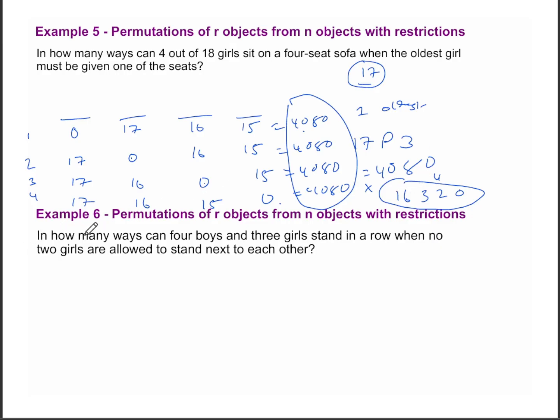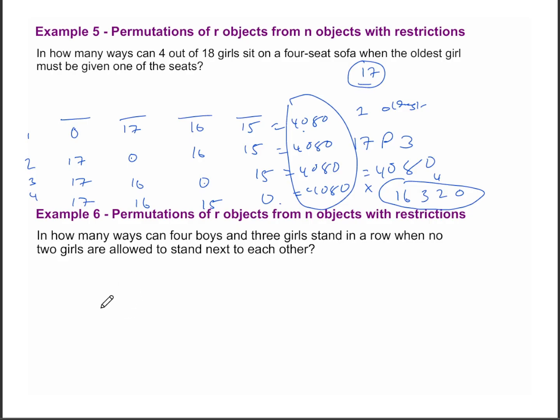Finally, in how many ways can 4 boys and 3 girls stand in a row when no 2 girls are allowed to stand next to each other? So this is another trick that's used as well, where you have to know this for your future questions. If you have 4 boys and 3 girls, you would assume there would be 7 spaces, obviously, right?